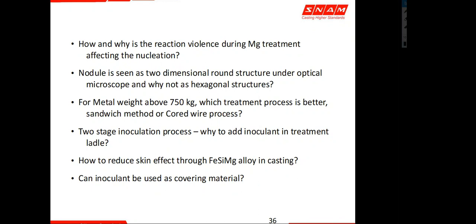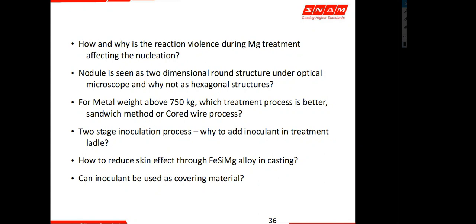Also, magnesium treatment is violent and it agitates. So this can reduce the stability of the nuclei which are getting formed, or it can let too many nuclei coagulate to form coarser nuclei. That way the number of nuclei comes down, so the effect of total nucleation is reduced. Also, when you have more violence, there is more agitation, more oxygen, more sulfur and more slag generation.